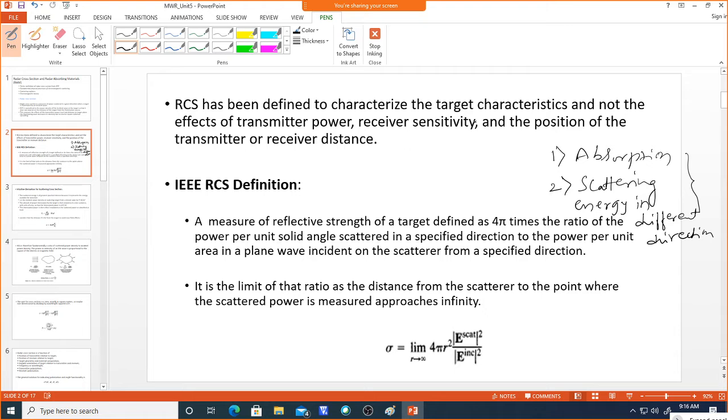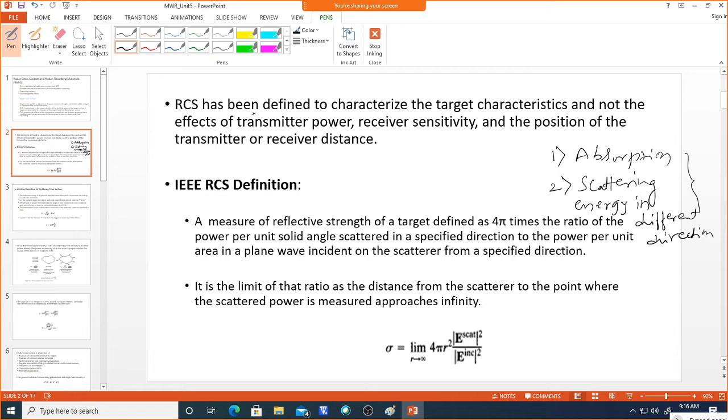Other characteristics, such as the effects of transmitter power, receiver sensitivity, and the position or distance of the transmitter or receiver, are not considered, because they are normalized.